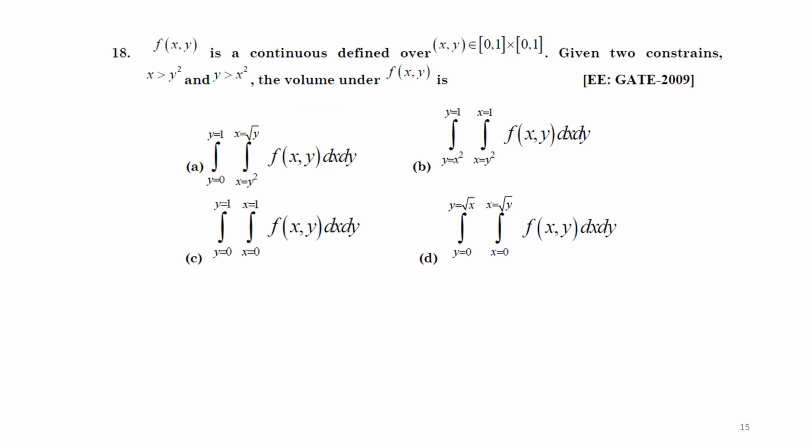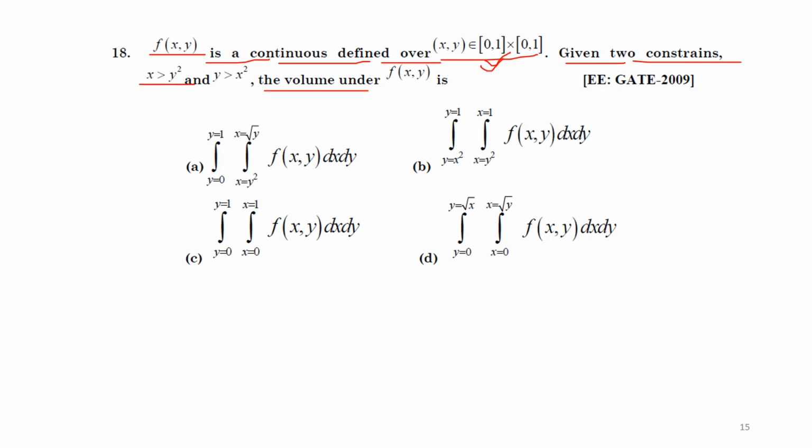Next question. This is also like a standard expression. So f(x, y) is continuous, defined over (x, y) belonging to 0 to 1 times 0 to 1, given two constraints: x is greater than y squared and y is greater than x squared.